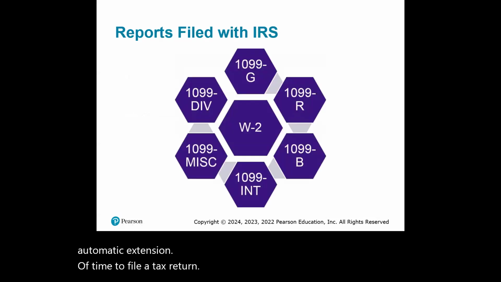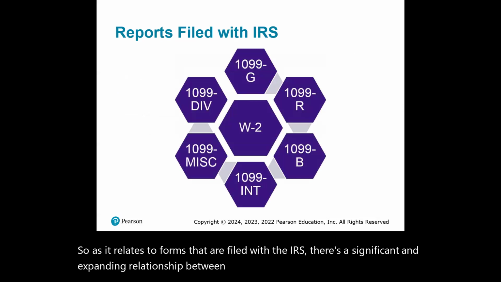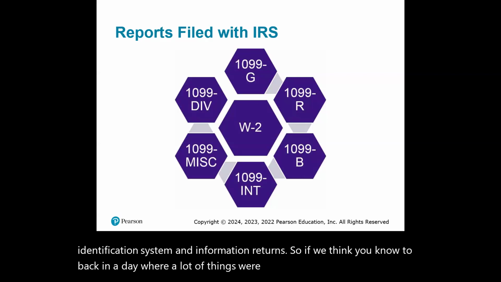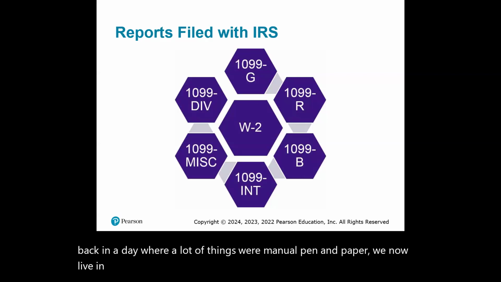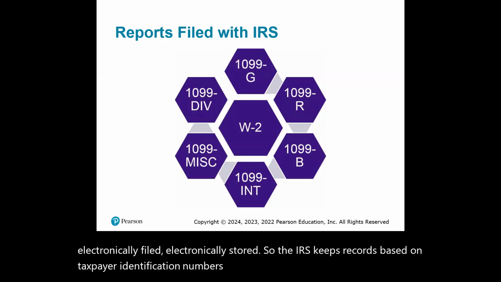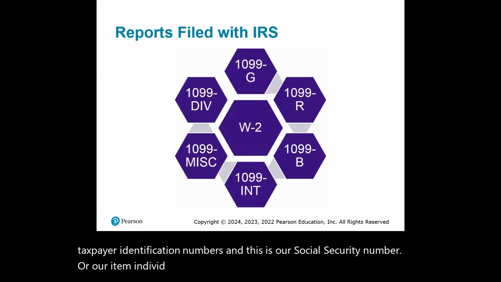As it relates to forms that are filed with the IRS, there's a significant and expanding relationship between computers, tax returns, the taxpayer identification system, and information returns. If we think back to the day when a lot of things were manual, pen and paper, we now live in a technological age where a lot of this information is electronically filed and electronically stored. So the IRS keeps records based on taxpayer identification numbers, and this is our social security number or our ITIN, individual taxpayer identification number.